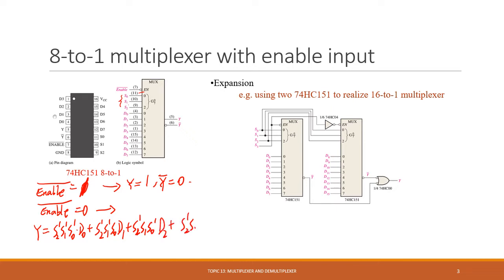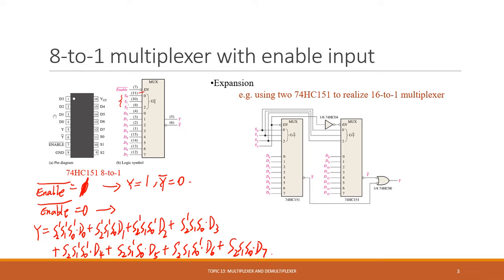S2 bar, S1, S0, D3, or S2, S1 bar, S0 bar, D4, or S2, S1 bar, S0, D5, then S2, S1, S0 bar, D6, S2, S1, S0, D7. So this is the output Boolean equation.